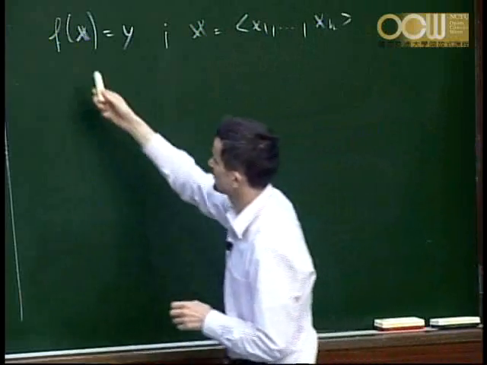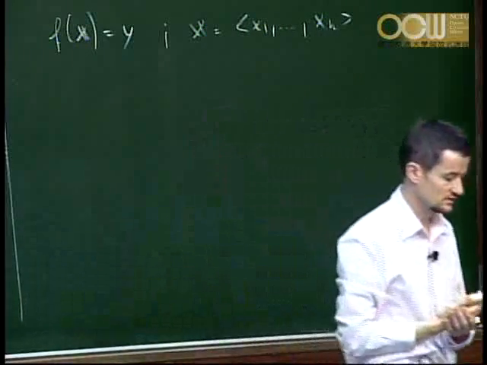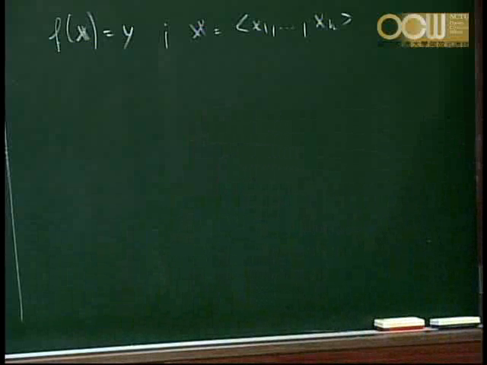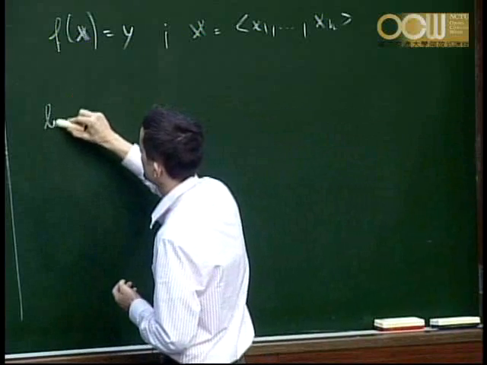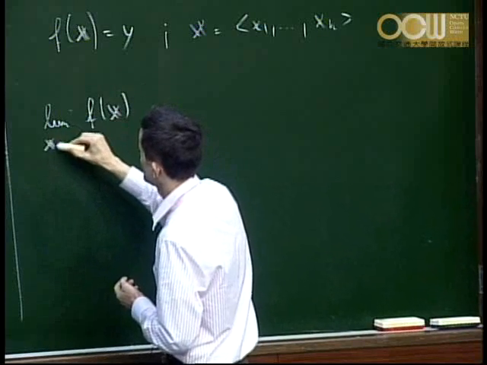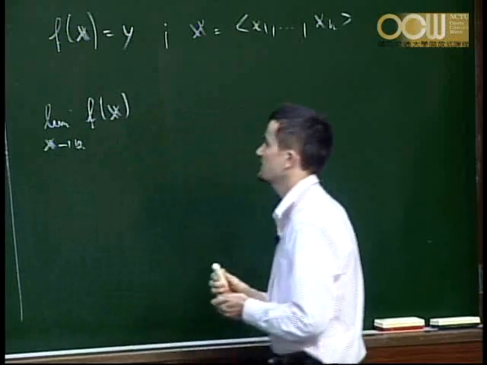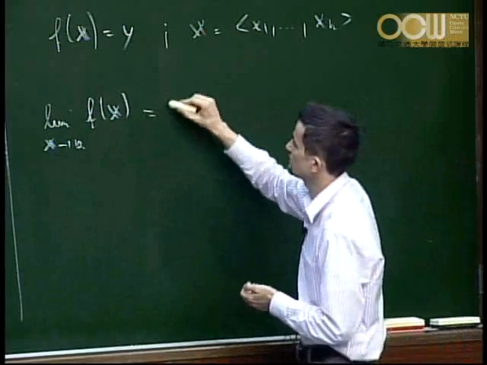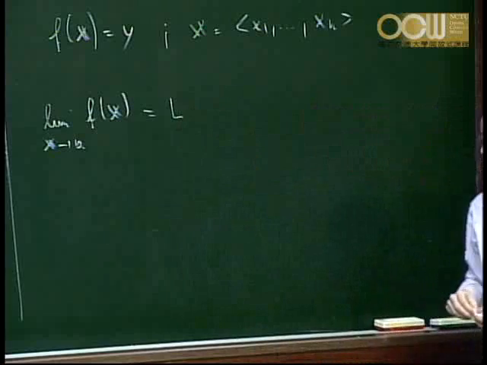For such functions, this is a better notation than for functions of arbitrarily many independent variables. For such functions, we again define the limit, where x tends to some vector a, and we say that this is equal to some L, a real number.